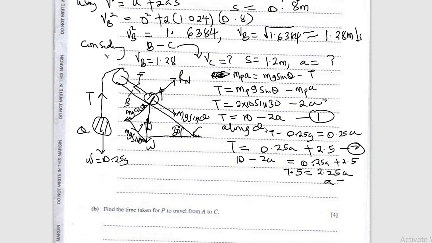So in this section, between B and C, the acceleration is 7.5 divided by 2.25. Along that region, acceleration is 3.33 meters per second squared. That's the acceleration in the smooth section.